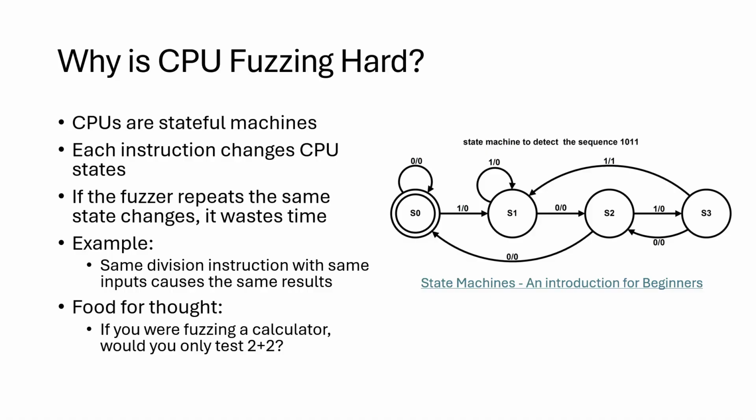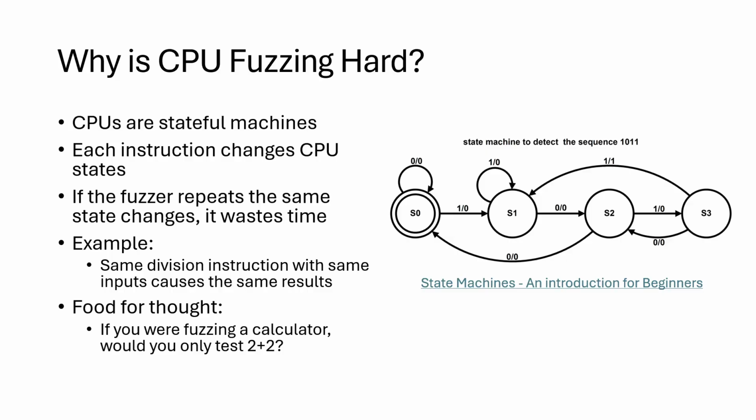If your fuzzer generates instructions that always produce the same state changes, you are not exploring any new territory inside the CPU. You're not generating any new coverage for the CPU, the hardware.